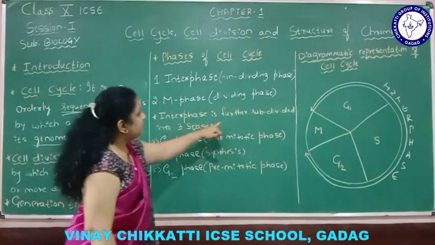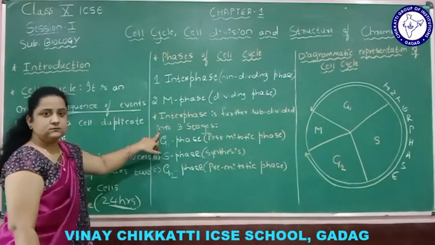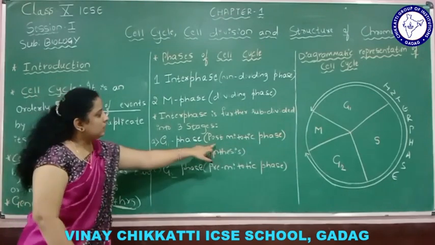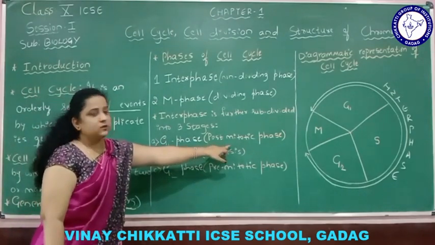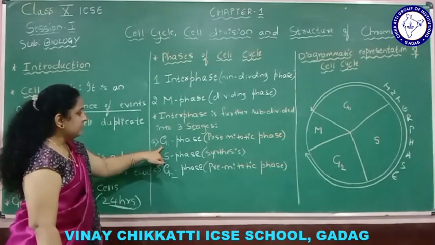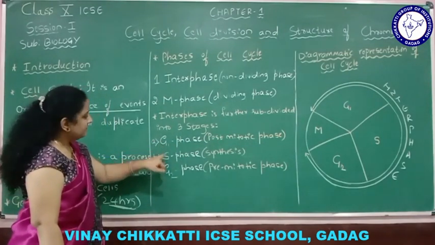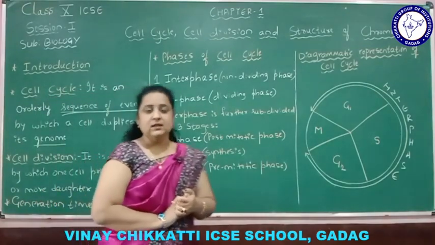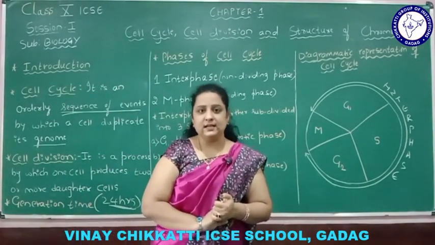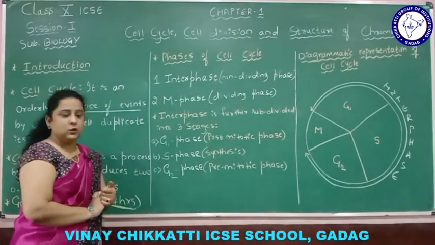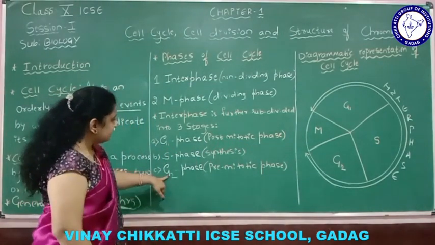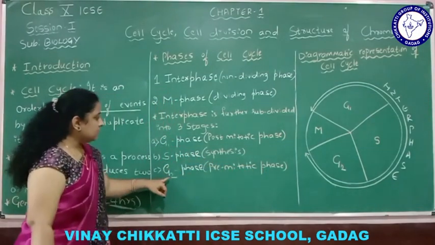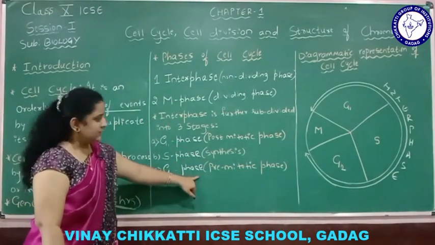Interphase is further subdivided into three stages. First one, G1 phase, also called the post-mitotic phase, or the first growth phase. Number two, S phase. S phase means synthesis phase. Here, synthesis of DNA takes place and the chromosomes get duplicated. Number three is G2 phase, also called the pre-mitotic phase, or the second growth phase.